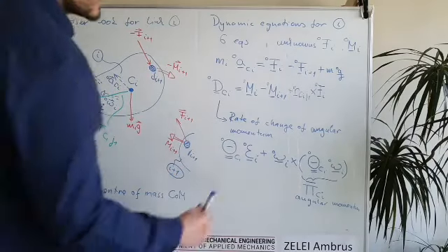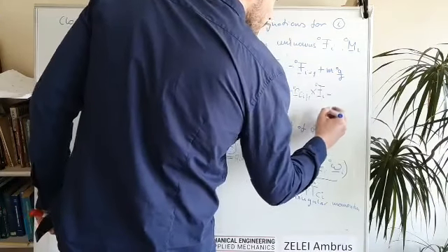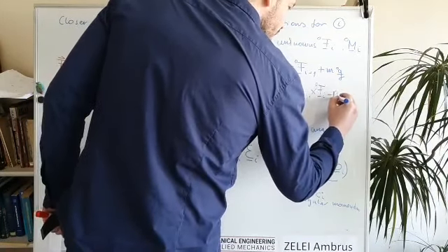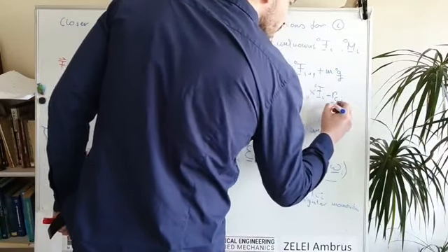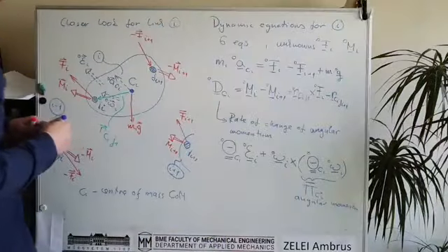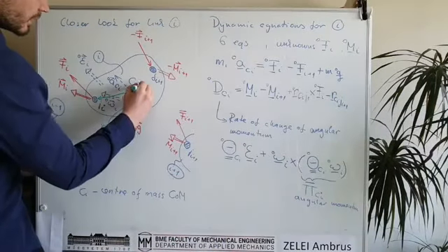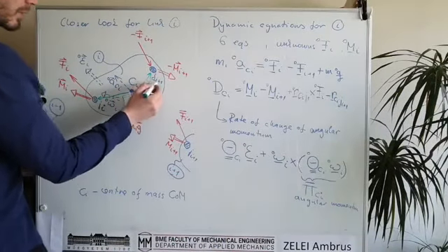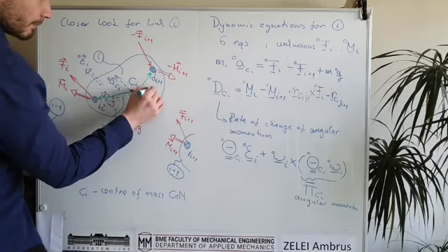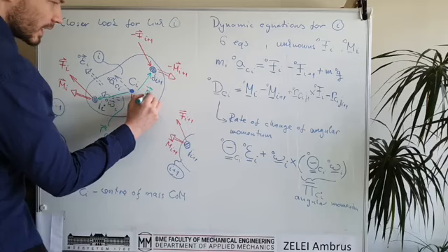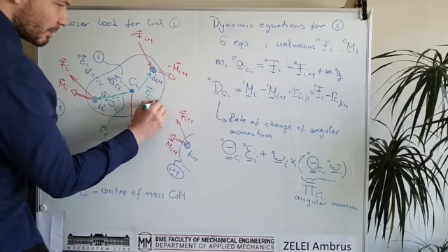And we have the other term, which is r C i J i plus 1. This is the position vector of J i plus 1 relative to the center of mass.